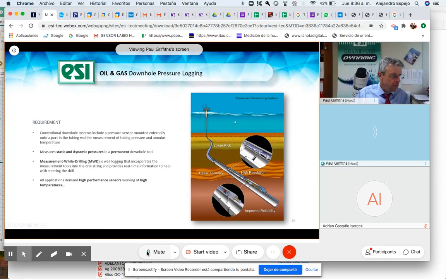So when we're exploring for oil, you have the drilling process, and it's important to measure the pressure when drilling. Obviously you drill, you pump out mud. As you drill deeper, you have to remove the earth and the rocks, so you need to measure the pressure and keep the pressure stable while drilling.